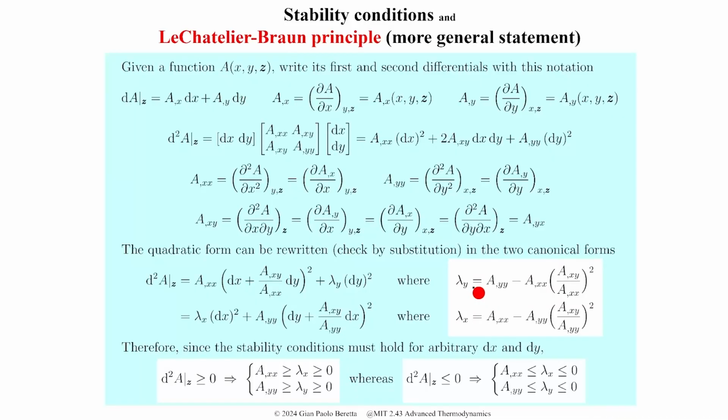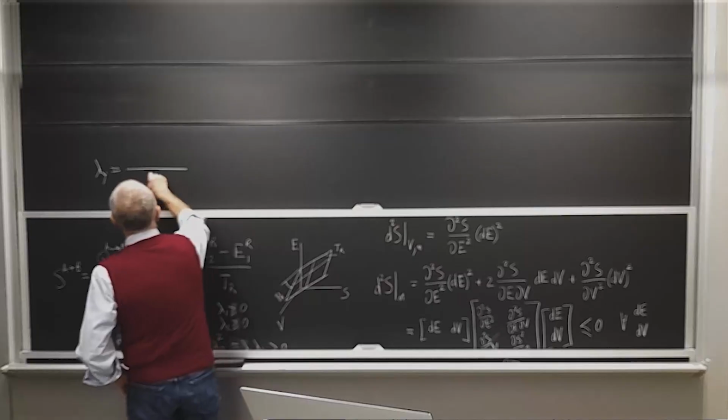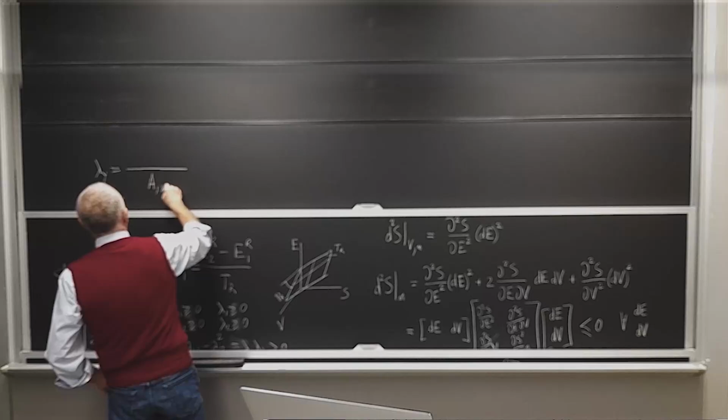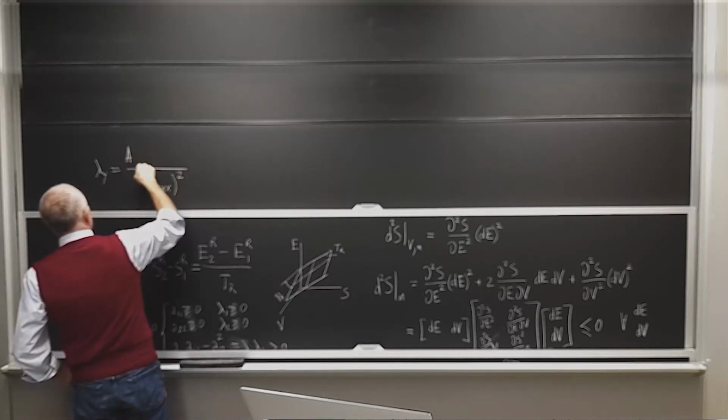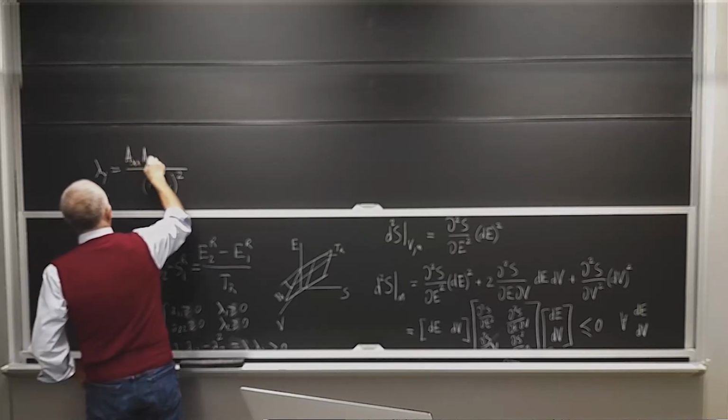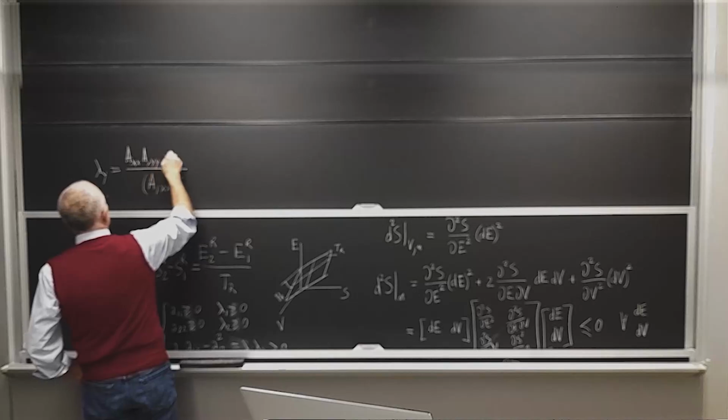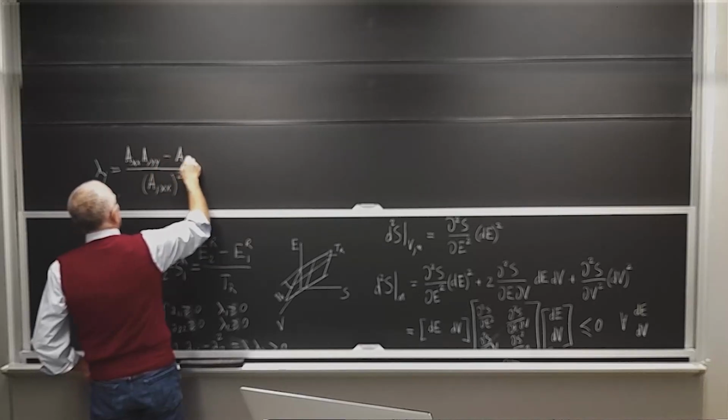It has at the denominator AXX squared, and at the numerator AXX times AYY minus AXY squared.